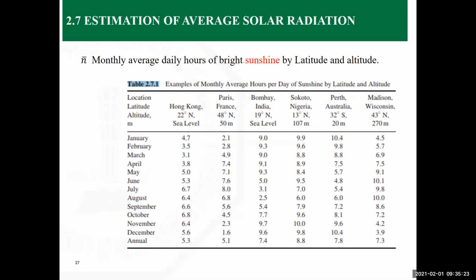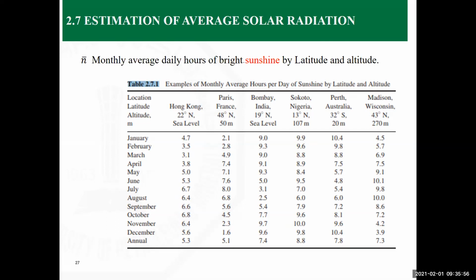This is an example of monthly average hours per day of sunshine. How many hours has the sun been shining in several locations all over the world, depending on different latitude values: in Hong Kong, in Paris, in Bombay, in Sokoto, Nigeria, in Perth, Australia, in Wisconsin-Madison, in the United States, given for a certain number of months.